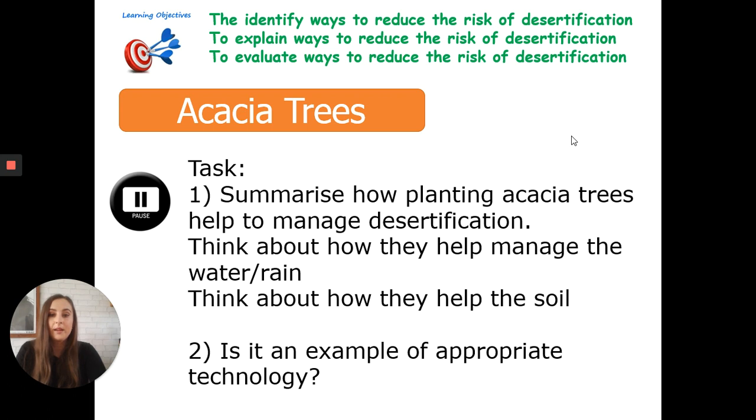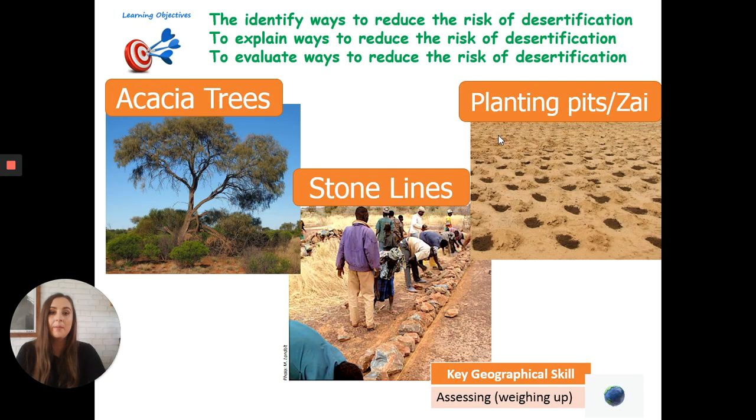And the next thing that I want us to have a go at is assessing and weighing up. So you've learned about 3 different ways to manage desertification. Which is the best way to manage it?